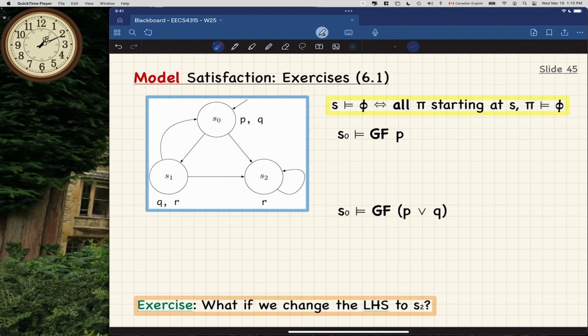Yep, exactly. The idea would be, think about it intuitively. In here, yes, you satisfy P. However, once you get there, you can never find a future state anymore that will satisfy P. So what Farris said is exactly right. So this will be false, and you just want to give a witness path.